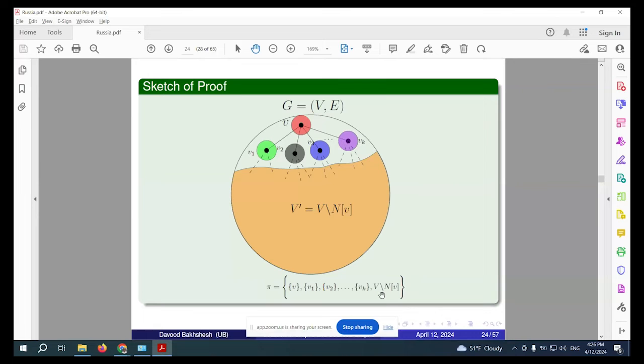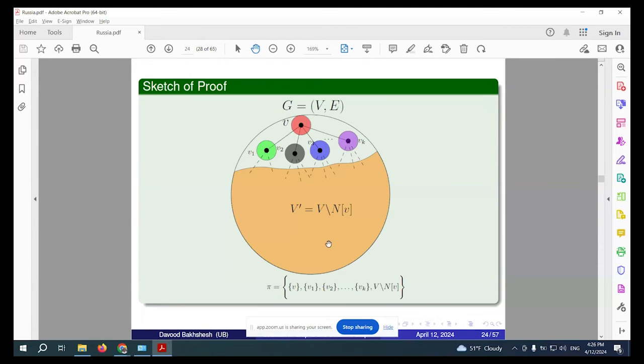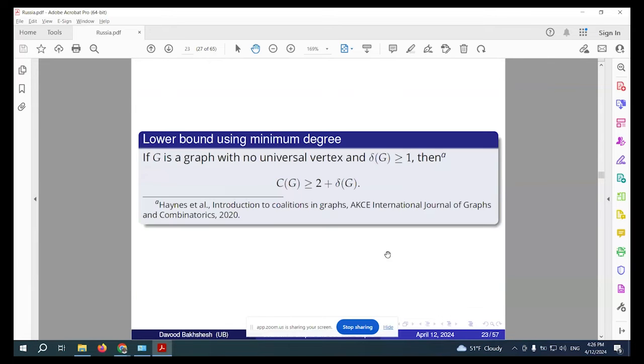And in the paper, Haynes and others prove that this partition is a coalition partition, and according to their proof, it is easy to see that C(G) is at least 2 plus delta(G).